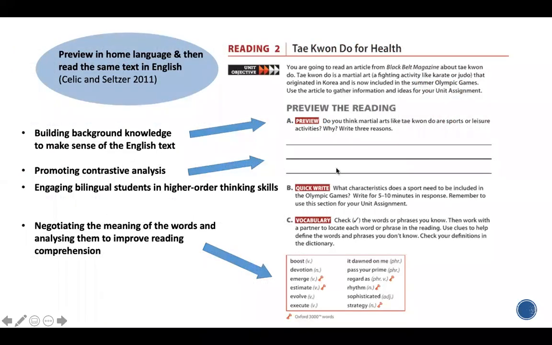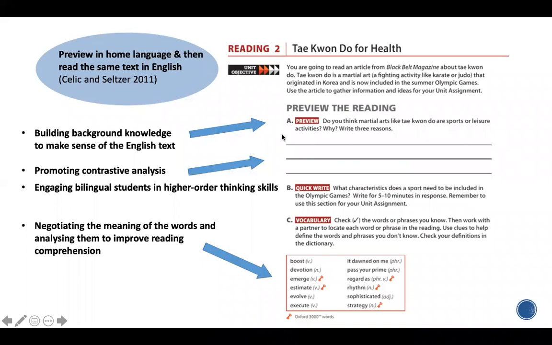Okay, so just an example of how I implemented translanguaging. This is taken from their original textbook. As you can see, the reading is about Taekwondo for health. So there's the preview, some vocab and quick writing.